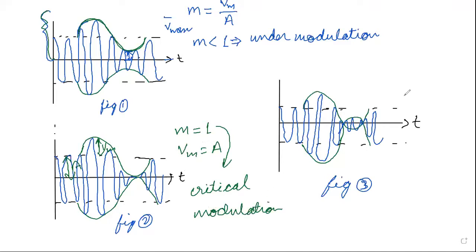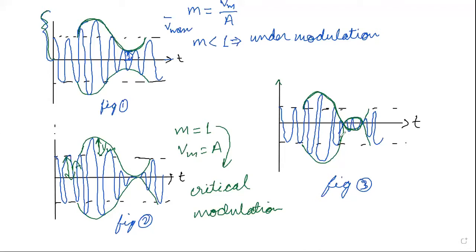And in the third case, if we want to detect the modulating signal from this modulated signal, what can we see? It is overlapped. We are observing that the positive part of the signal has gone to the negative side, and the negative side has come to the positive side.